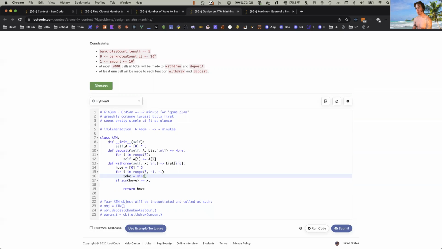Take equals the minimum of x minus have, and x minus have is what we need. All right, so this is need.